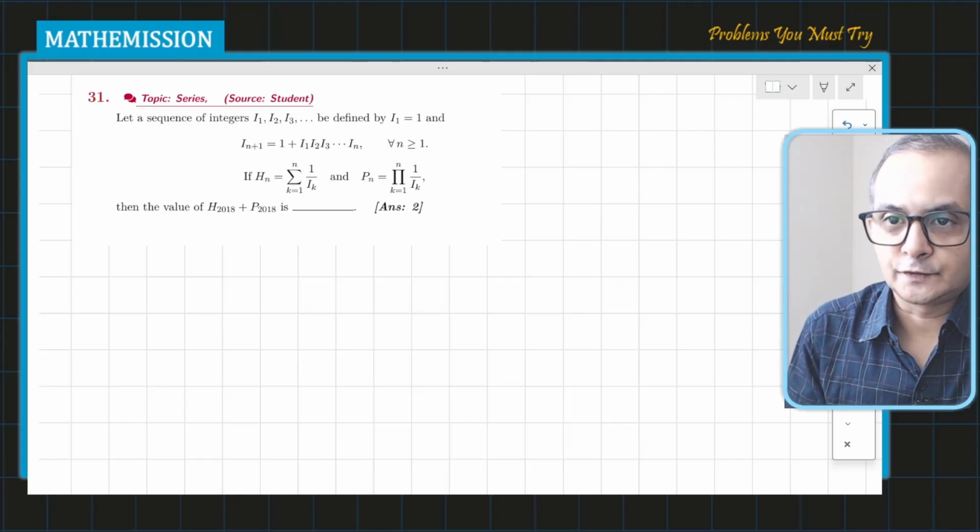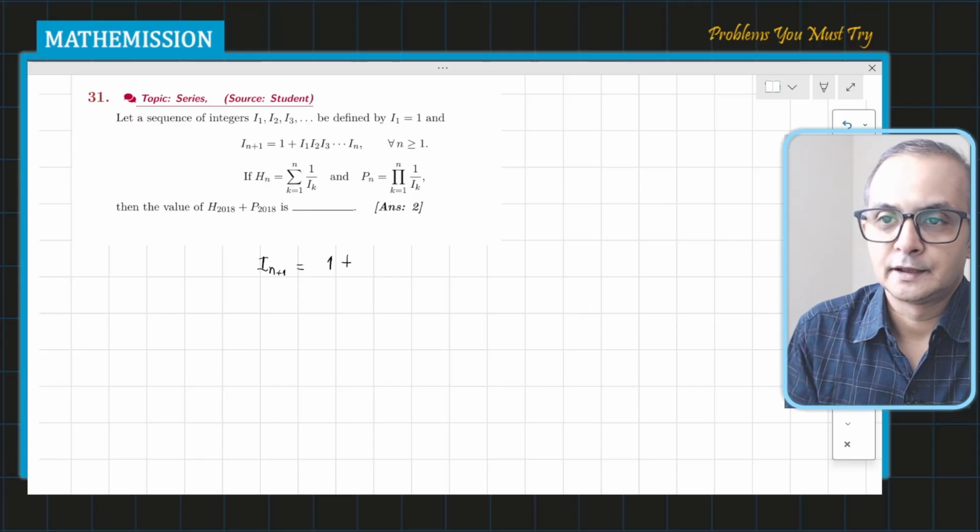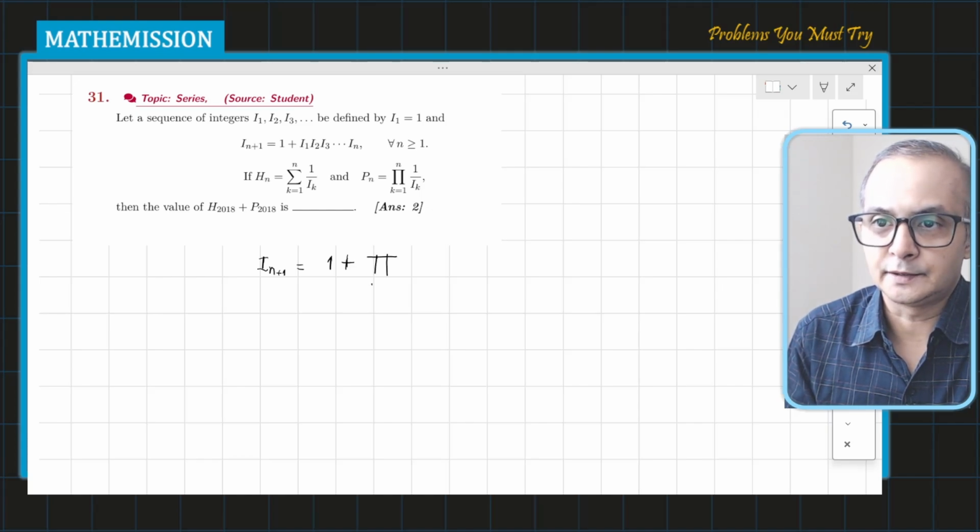So understand this first given information, that is In plus 1 is equal to 1 plus the product, let me write it as the product pi, k goes from 1 to n of Ik.